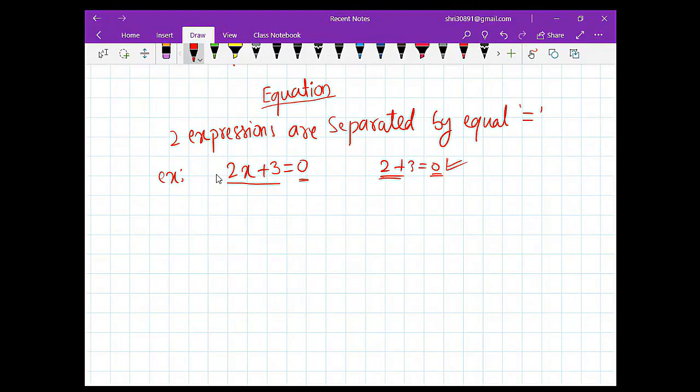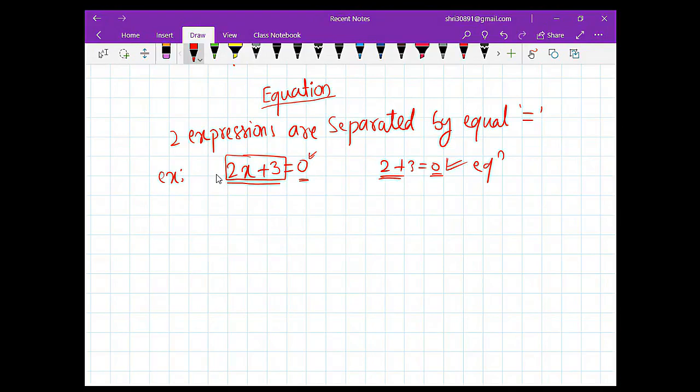This is only a numeral equation, only numbers, but not an algebraic equation. In 2x plus 3, we have one variable, so it is an algebraic equation. Here the 0 is there.